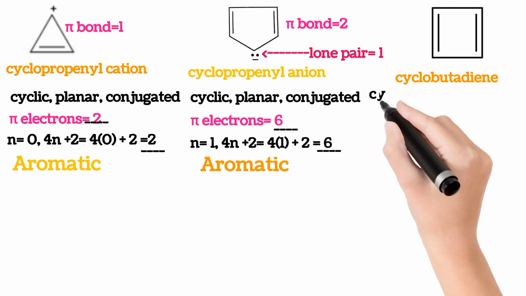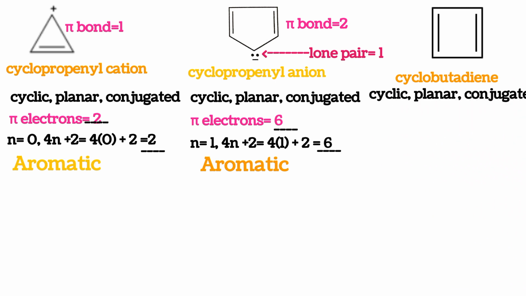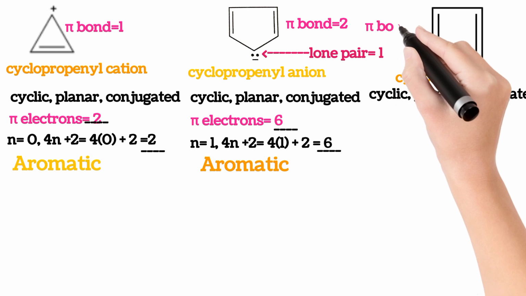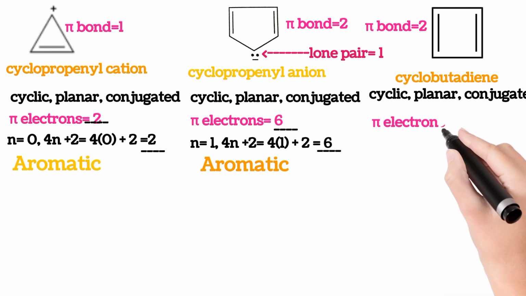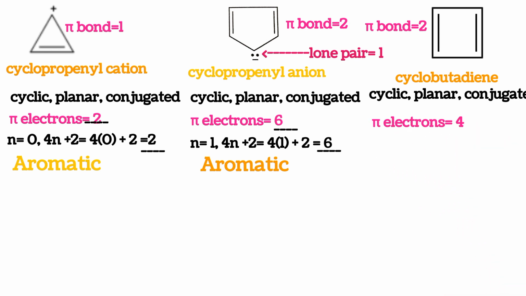Let's look at cyclobutadiene. It is equally cyclic. The carbons are sp2 hybridized, so it is planar and conjugated. The number of pi bonds is equal to 2, and therefore the number of pi electrons will be equal to what? 2 times 2, and that will be 4.